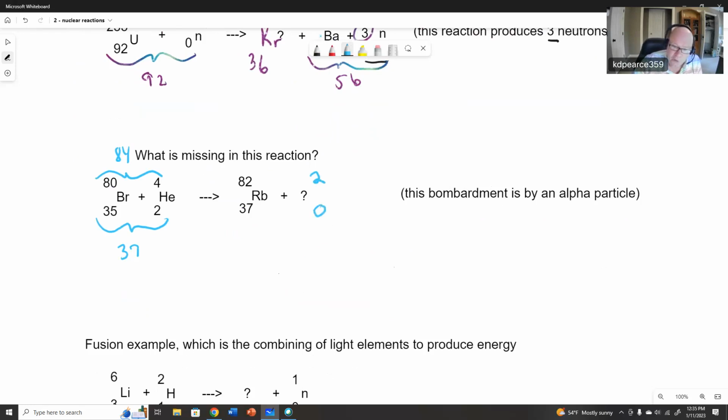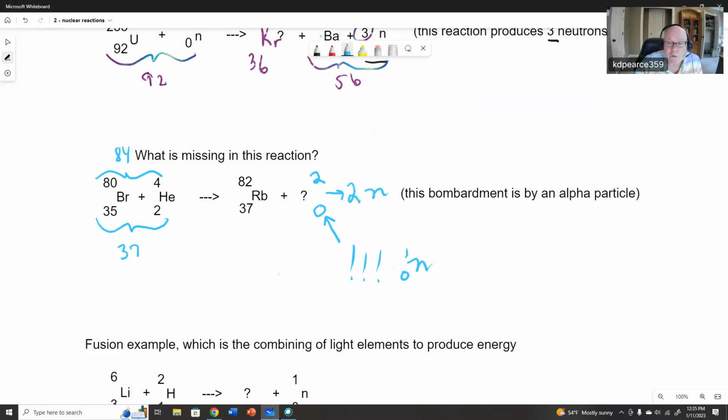And this is your clue. What has a charge of 0? What sort of particle has a 0 on the bottom? And that is a neutron. Now, what's a neutron? A neutron is 1, 0. You can't have a 2, 0, so therefore it must be 2 neutrons.